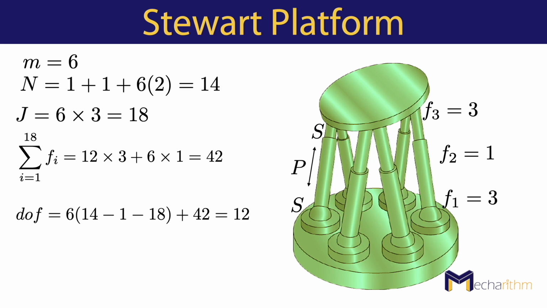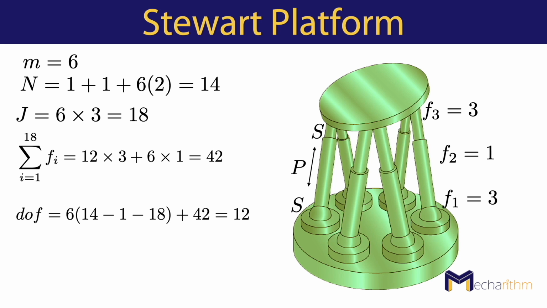Of these 12 degrees of freedom, only 6 degrees of freedom are shown in the top platform, since the other 6 are torsional rotations about the leg axis. So do you remember that the spherical joints have 3 degrees of freedom, one of which is rotation around the joint axis?